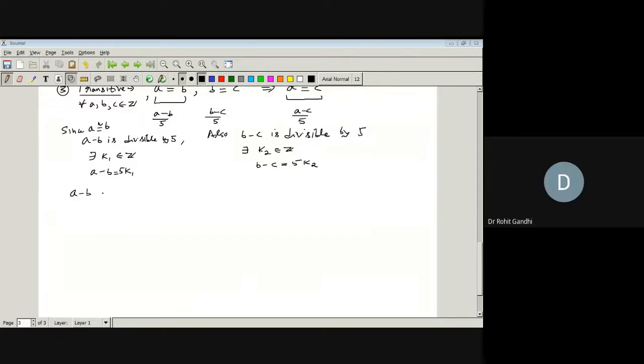Now if I add these two, this is nothing but A minus C, and this is equal to 5K1 plus 5K2, which is equal to 5 times K1 plus K2. Now K1 plus K2 is another integer. Let us write it as K3.